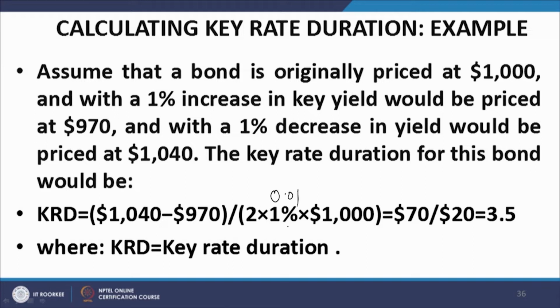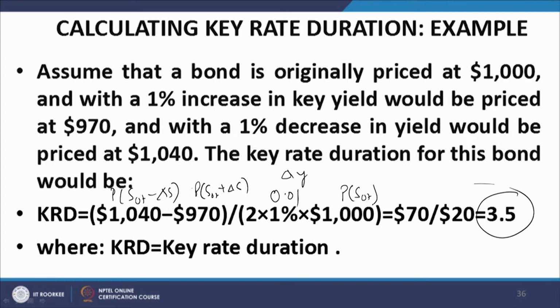1% being the change, and this is delta y. So, delta y is 0.01, the current market price is 1000, this is P(S0t), this is P(S0t minus delta S), this is P(S0t plus delta S), and this gives you a value of 3.5 years.